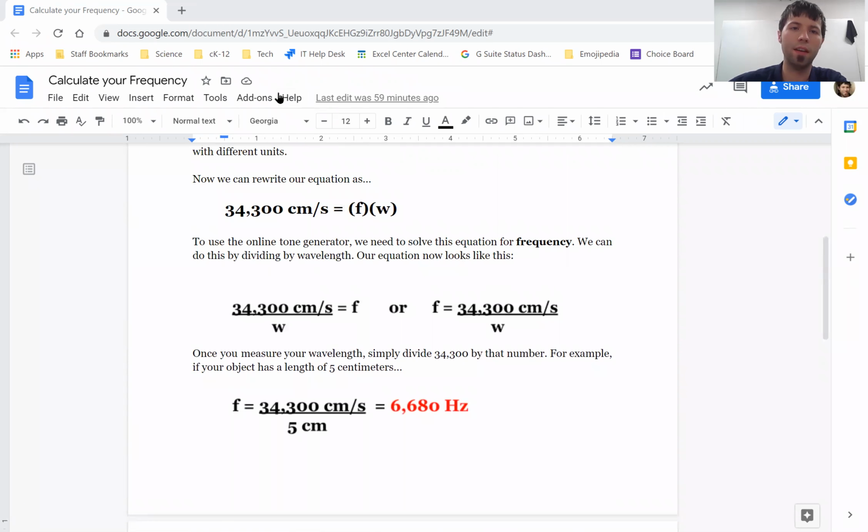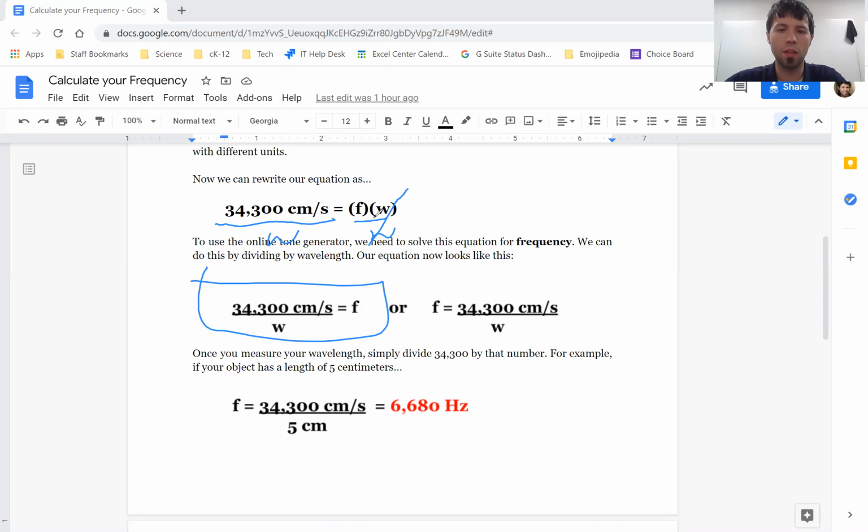So when I divide, if I'm solving for frequency, I need to divide both sides by wavelength. That way wavelength cancels out on this side, and I'm left with this.